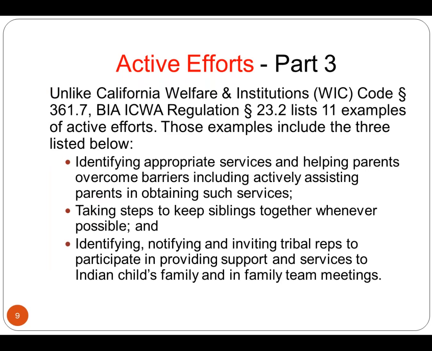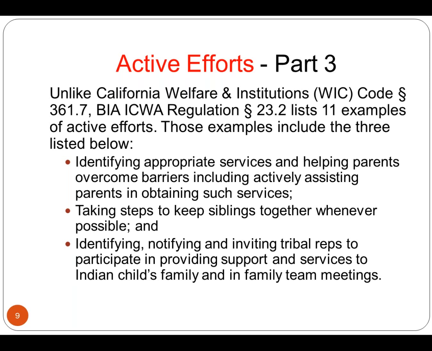Significantly, the new regulations list examples of active efforts. We don't have examples under existing California law, so this is a big help. I haven't listed all 11 examples here, but I did include 3 of them.